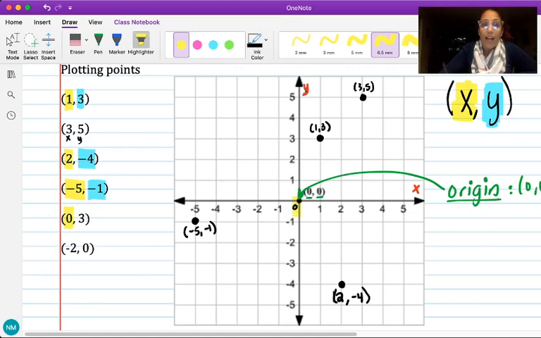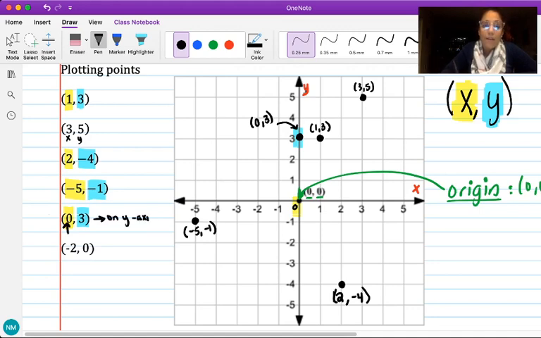And then the y, again, goes up and down. So I'm going to go up 3. Since it's not going right or left at all, it is going to stay at this point right here. So this point right there is (0, 3). What about (-2, 0)? Well, if our x is 0, it's on our y-axis. That's what this line is called.